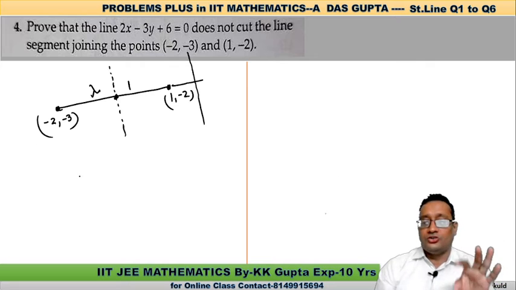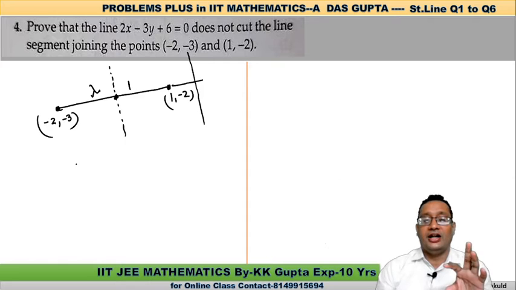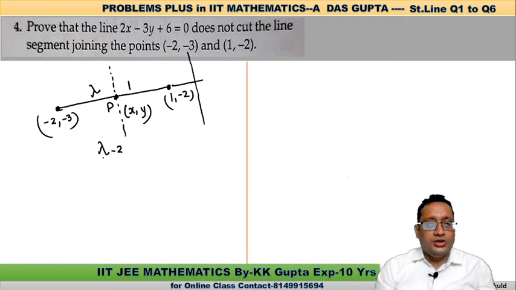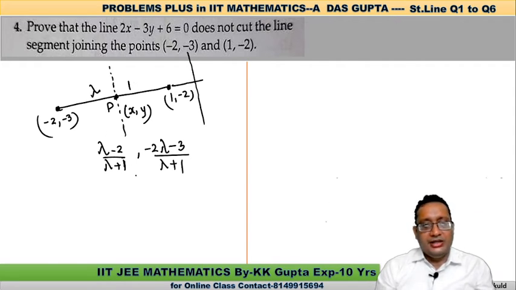If this lambda is positive, then the line cuts, but if lambda is negative, it means the line does not cut the segment joining these points, because the point will be external. From the section formula, the coordinate of this point P is ((lambda minus 2) divided by (lambda plus 1), (minus 2 lambda minus 3) divided by (lambda plus 1)).